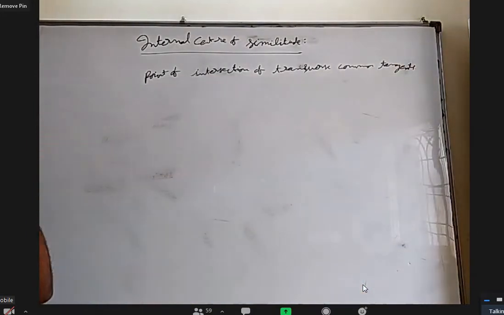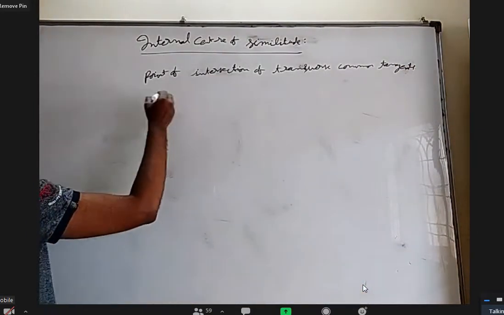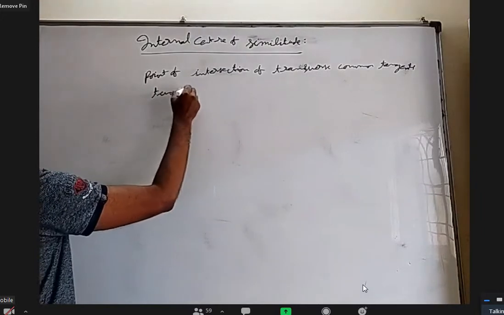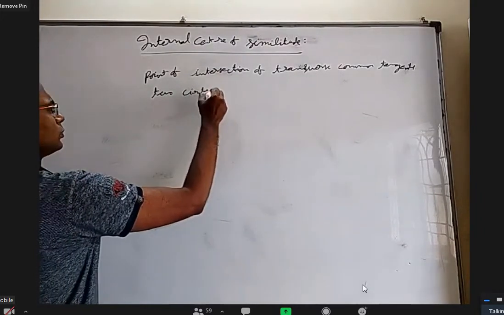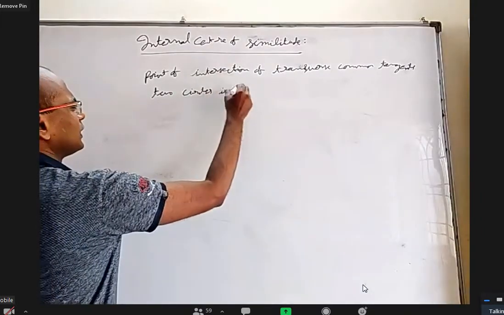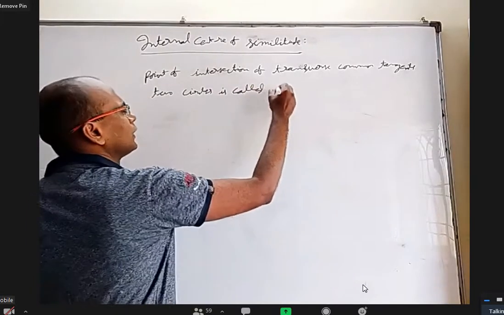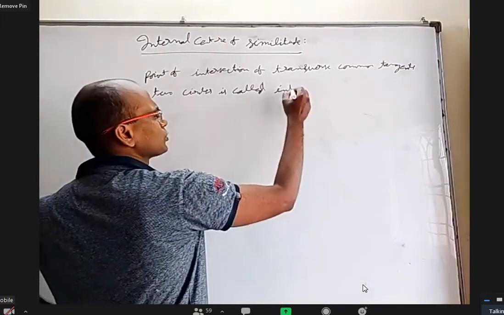Points of intersection of transverse common tangents of two circles is called internal center of similitude.